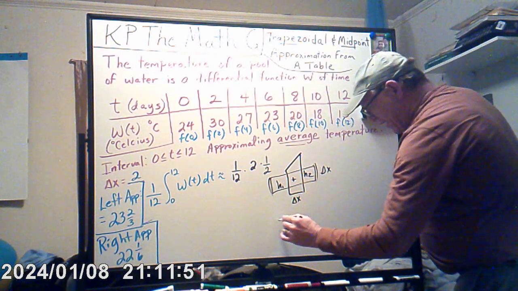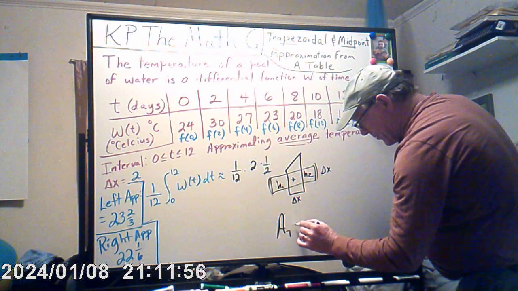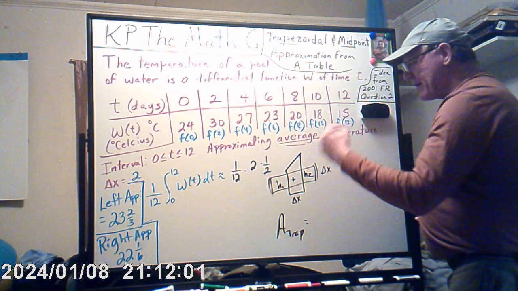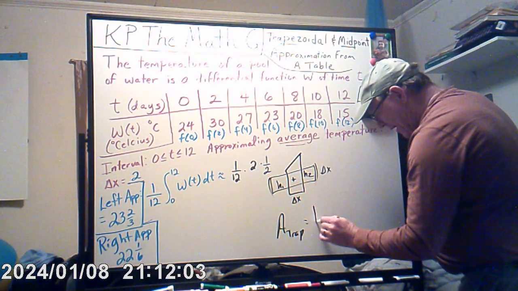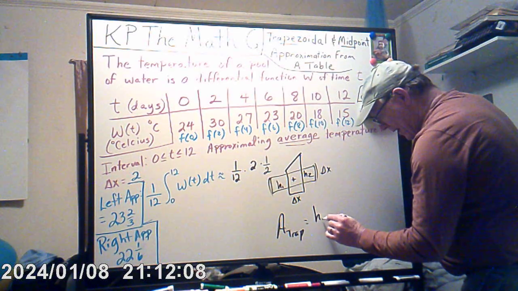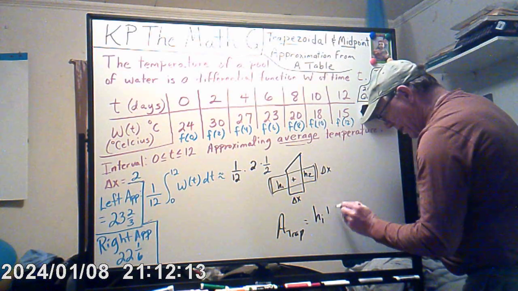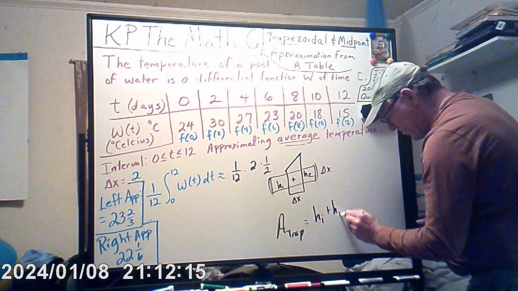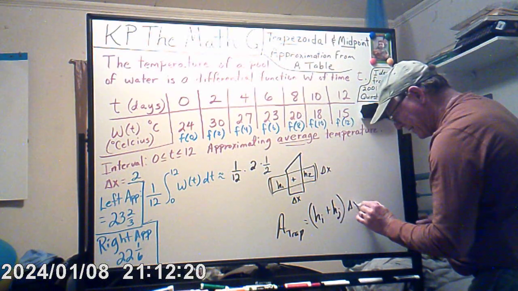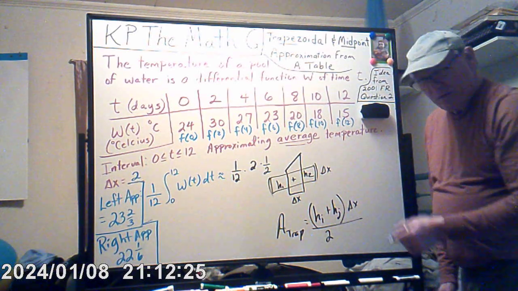Remember now, the area of a trapezoid is height 1, or whatever, plus height j, and then you're multiplying by delta x, and then you're dividing by 2, kind of like a triangle in a way.